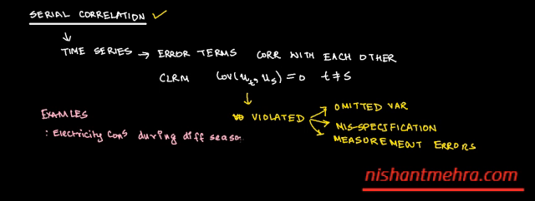In data where you see seasonality occurring quite rapidly, there could be the problem of serial correlation, and similarly it could be the demand for a highly seasonalized product. So in these cases, the problem of serial correlation might occur.